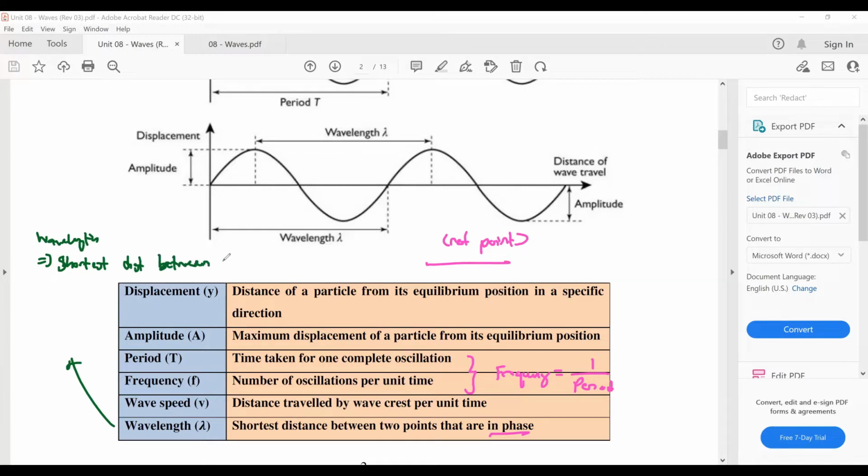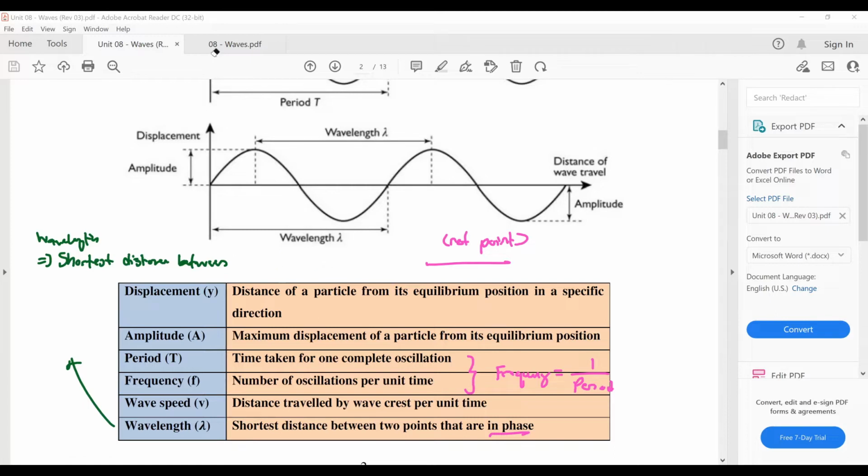Wavelength can also be defined as the shortest distance between adjacent crests. Sorry, the wording here is a bit odd.